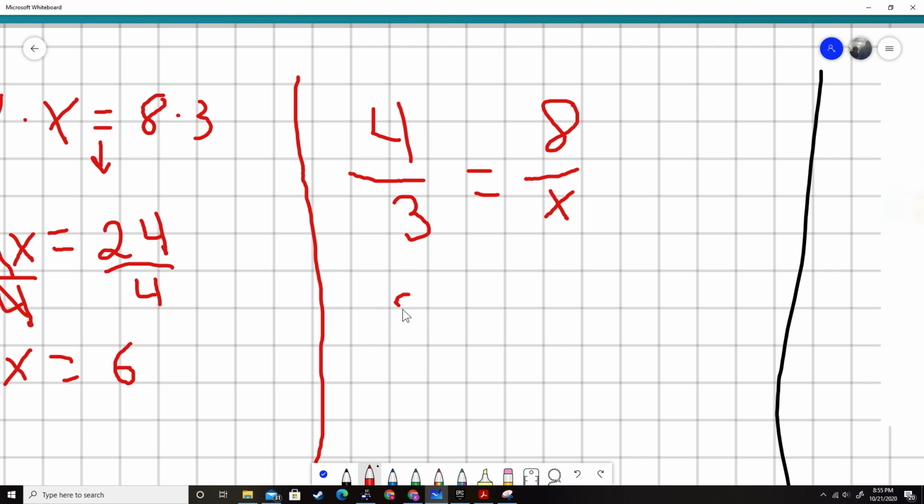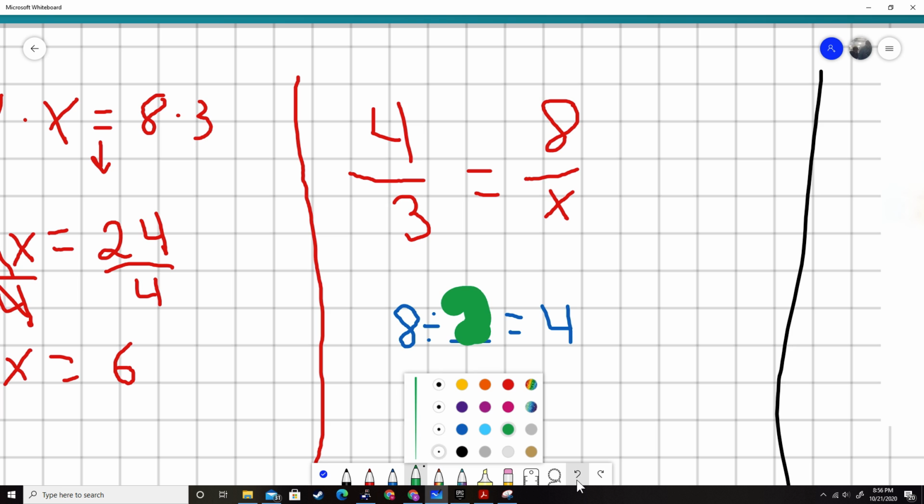So what that really tells me is that if I take 8 and I divide it by some number, I end up with 4. With simple division, we know that's going to be a 2.